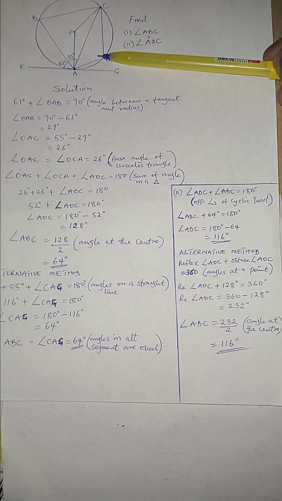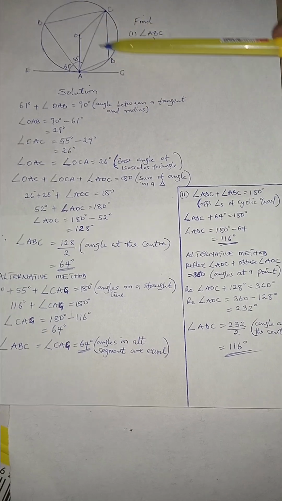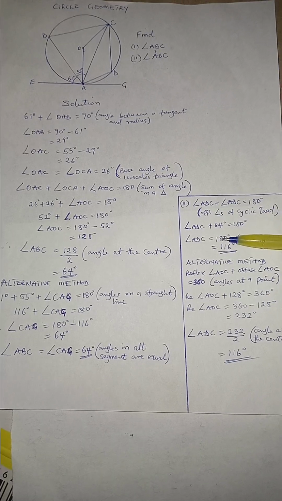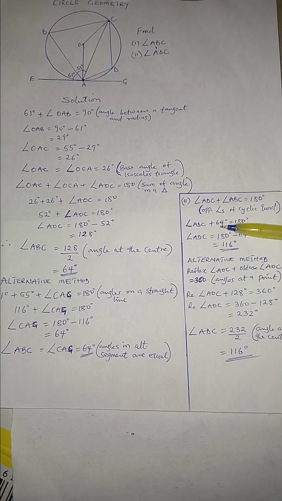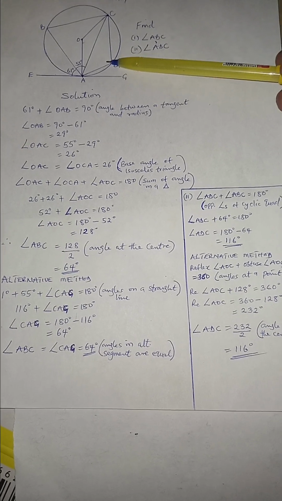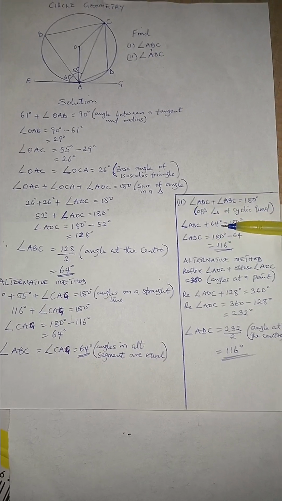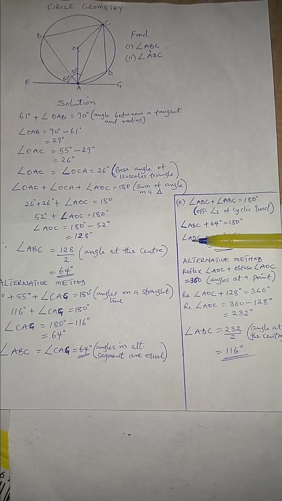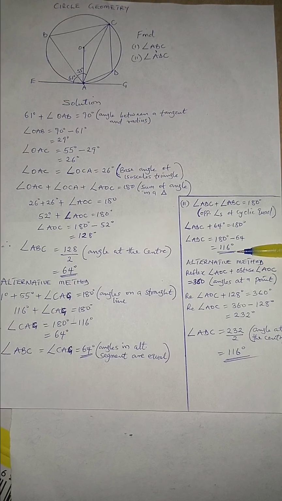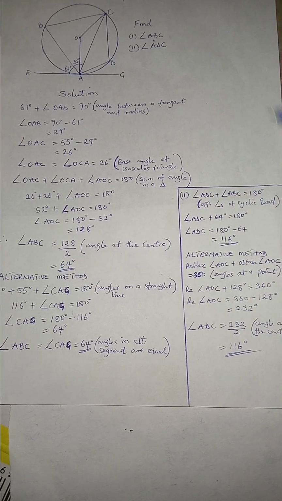That's when we say two angles are supplementary. So if the first one here is 64, and we want to find angle ADC, we say ADC plus 64 equals 180. ADC equals 180 minus 64, and that gives us 116. So this angle here is 116.